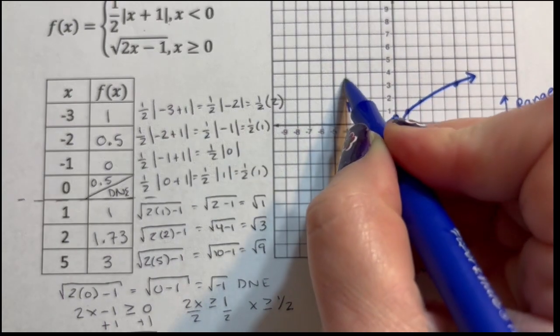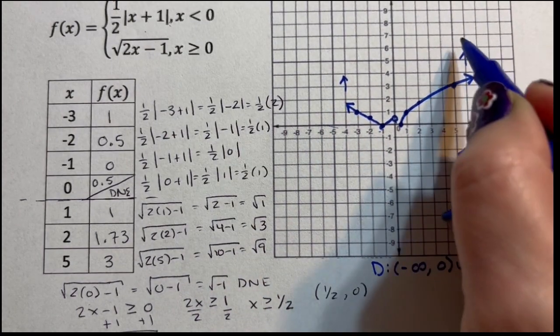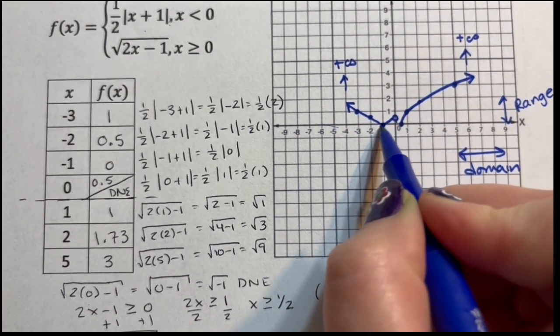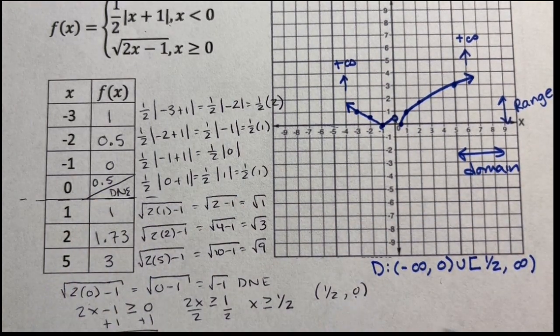They both go up, though, towards positive infinity. They both stop at y equals 0. We have a 0 here, we have a 0 here. So the range, they both equal 0, and they both go to positive infinity. The range for both of them are the same. So that's just the range of this function in general.